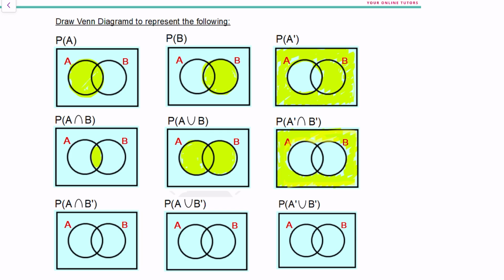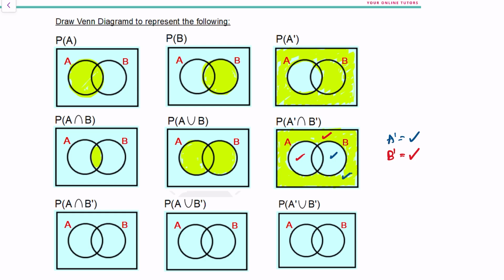So if you can't see that very easily, what you can do is do it via each one individually. So if you think about not A, I'm going to do a blue tick for not A. Everything that's not A is this part and that part. And then if I think about not B, everything that's not B is going to be in red. Not B is this part and this part.